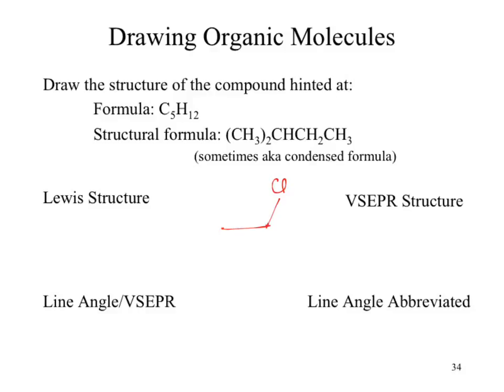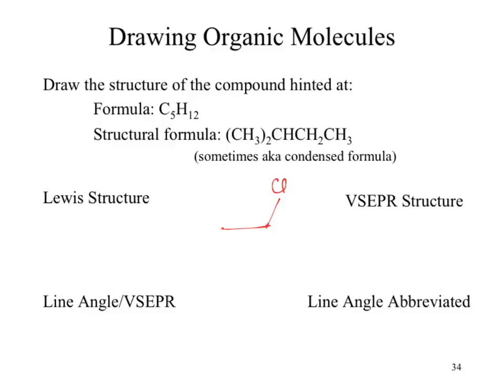Okay? VSEPR stands for valence shell electron pair repulsion. Okay? It's now starting to bring in something about the shape, which we haven't talked about.